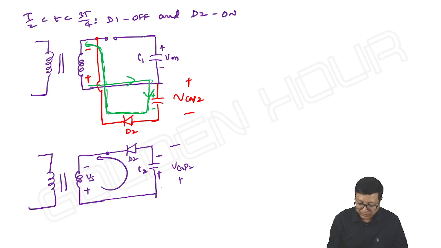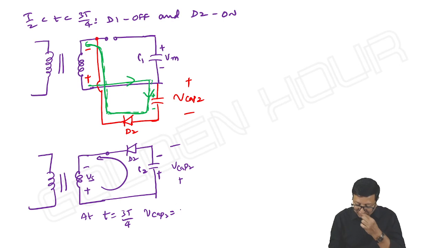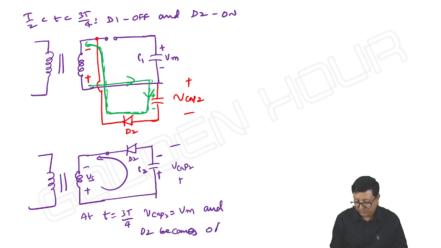So at t equals 3T by 4, V capacitor 2 is equal to Vm, and D2 becomes off. That's it.